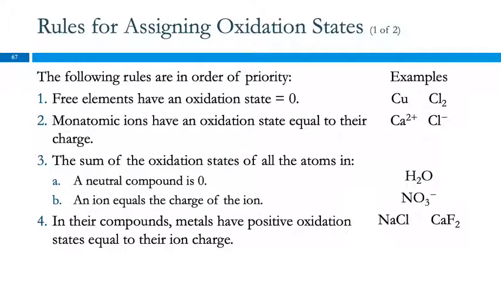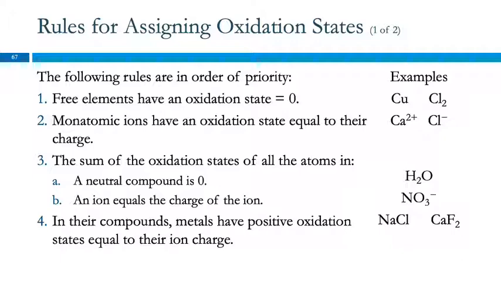So there's a set of rules for assigning oxidation states. And like many things, when you spell all the rules out, it makes it look more complicated than it really is. So basically, if a single ion has a charge, its oxidation state is the same as its charge.